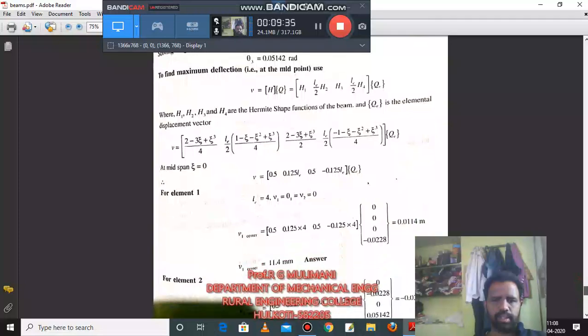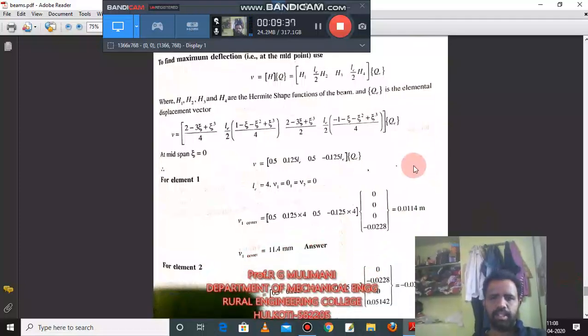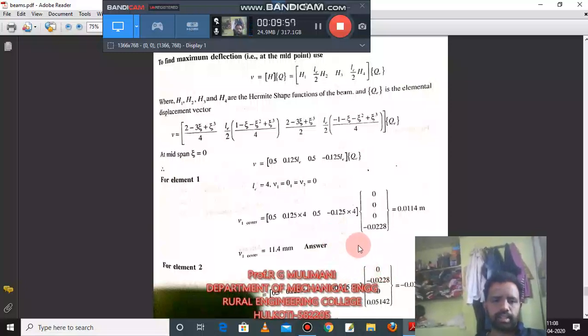For element 2 also you have to use the same, but the nodal displacements are not the same for both. For element 1, you use V1 theta 1, V2 theta 2. For element 2, V2 theta 2, V3 theta 3. Okay, solve this, you will get the maximum deflection at the center point. Okay, thank you.